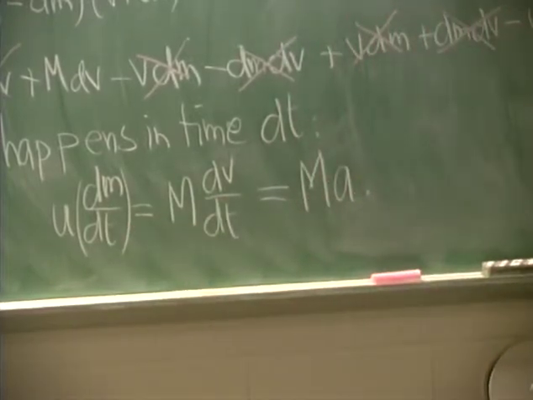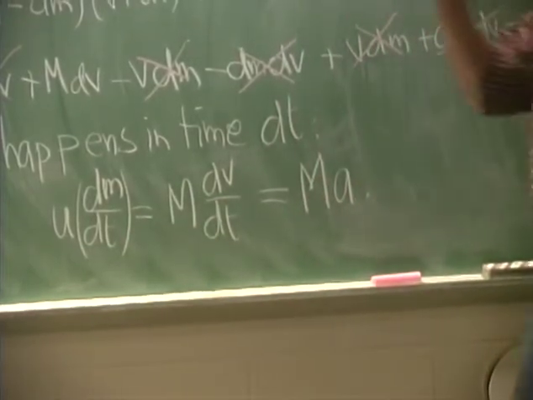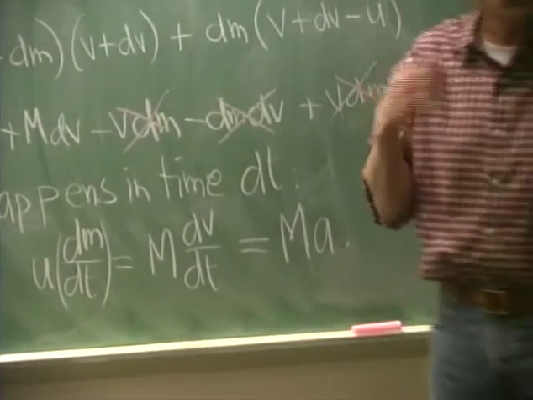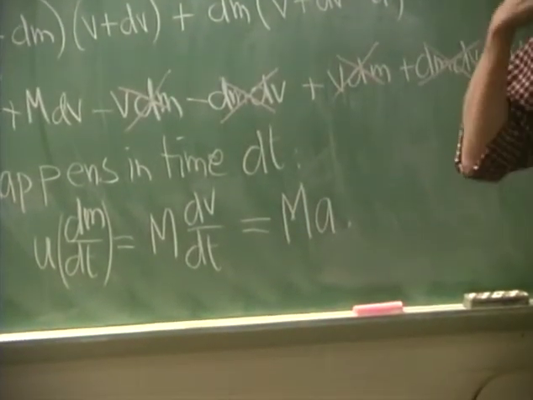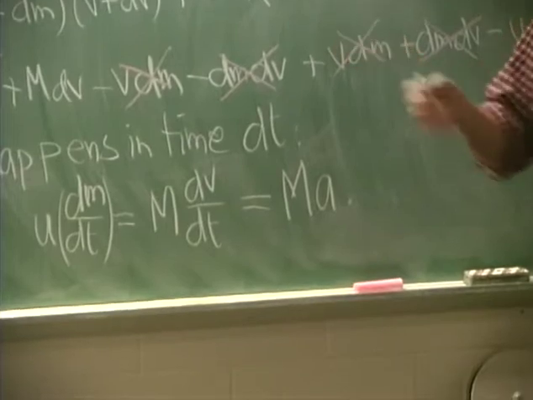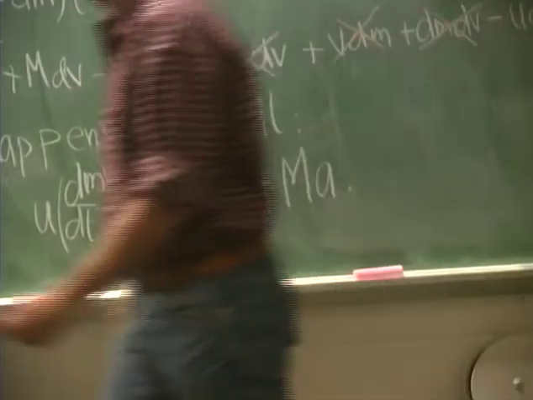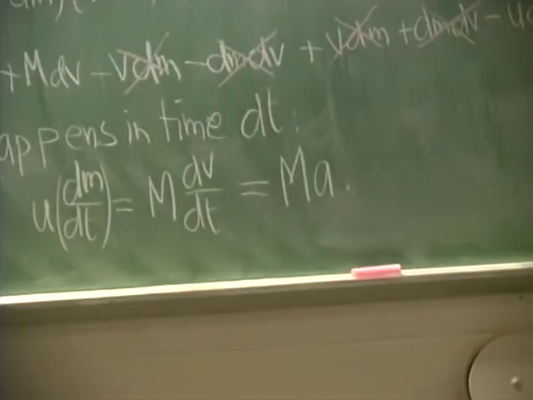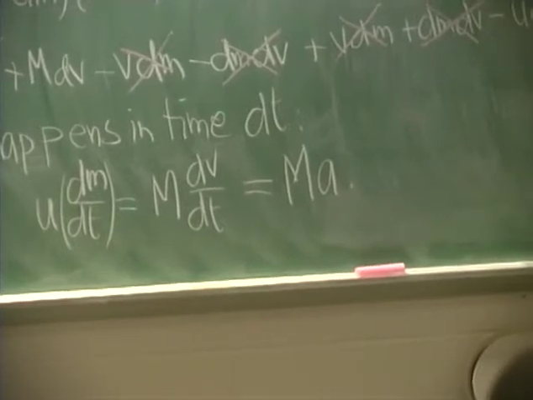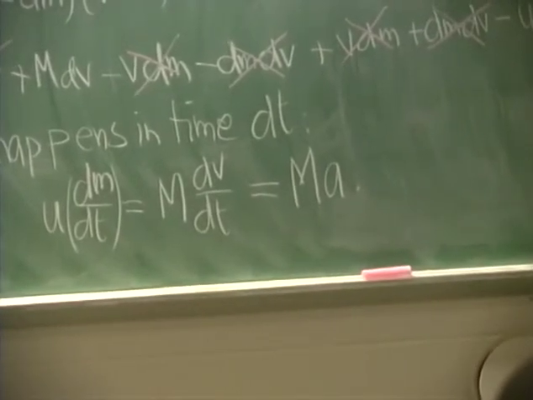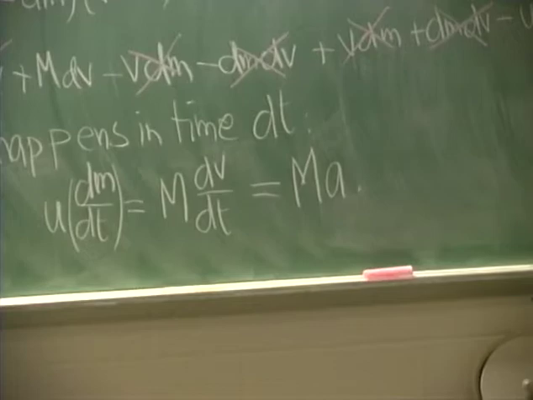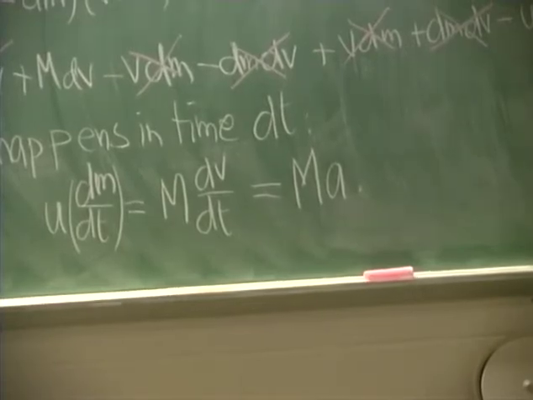That quantity, dm/dt, would be the amount of mass per unit time that's being tossed out the back, right? We might call that the rate of exhaust, but I don't want to confuse that with the speed of exhaust. So let's introduce some new quantity. That also is determined presumably by the manufacturer.